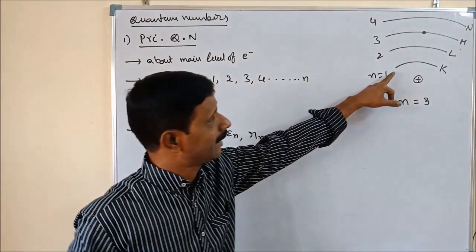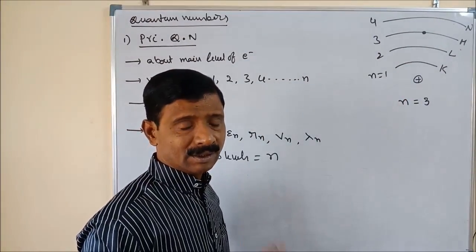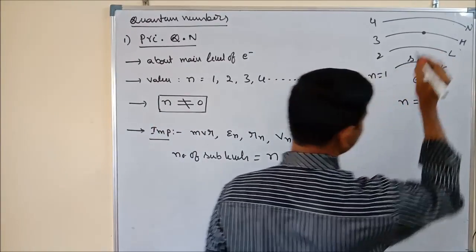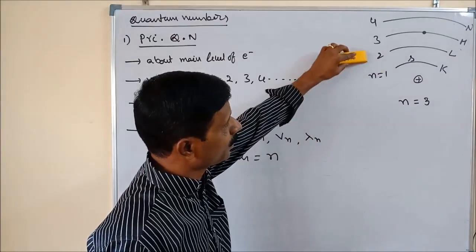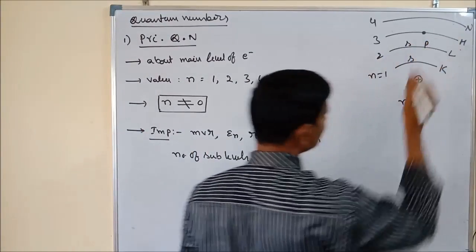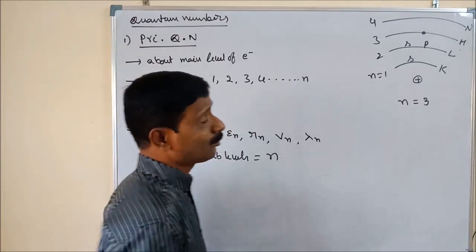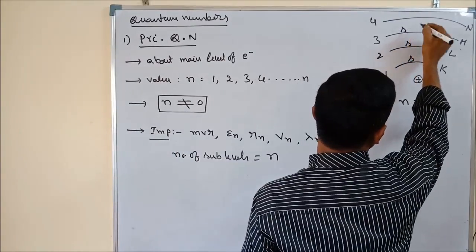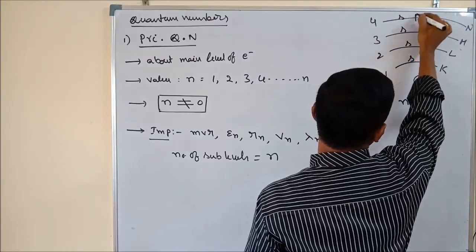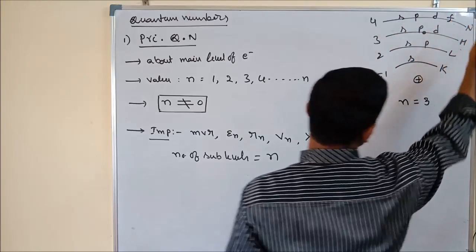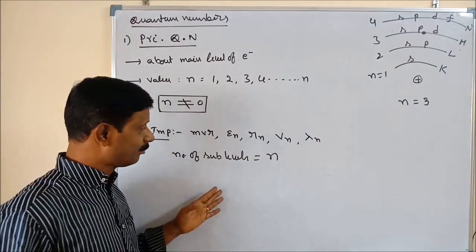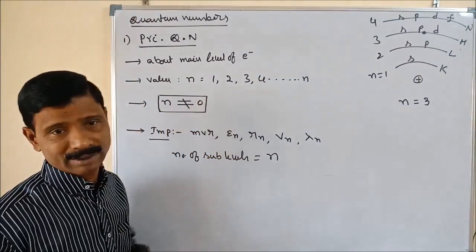For n equal to 1, in that orbit we have only one sublevel, that is s. For n equal to 2, the sublevels are s and p. For n equal to 3, s, p and d. For 4, s, p, d, f. Like that, in a main level, the number of sublevels is equal to its n value.